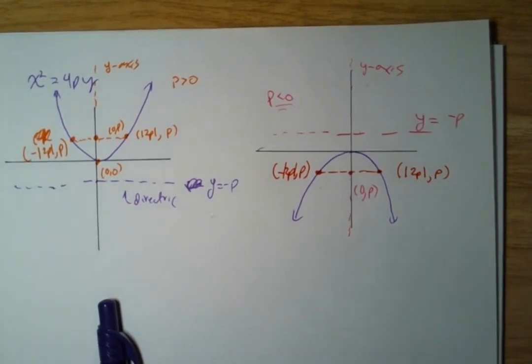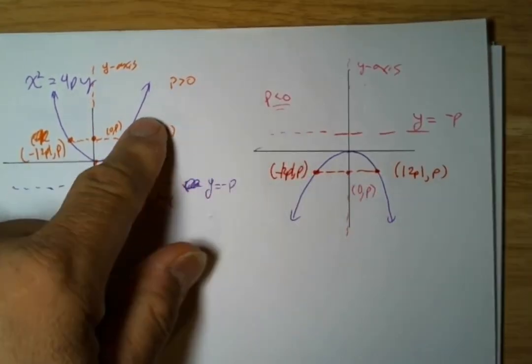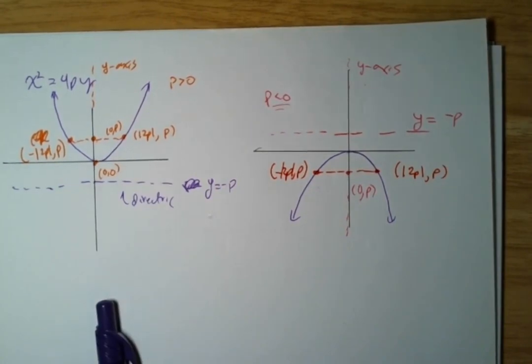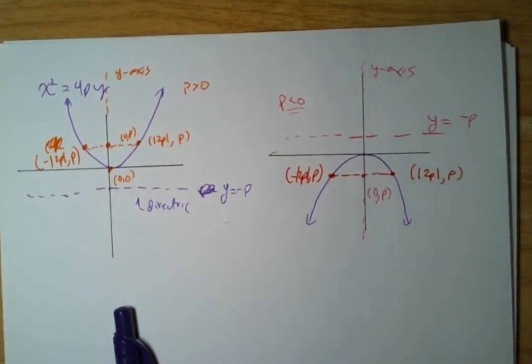Again, this corresponds to p less than 0, and this corresponds to p greater than 0. Depending on the value of p, that will determine how wide or how narrow the parabola opens.